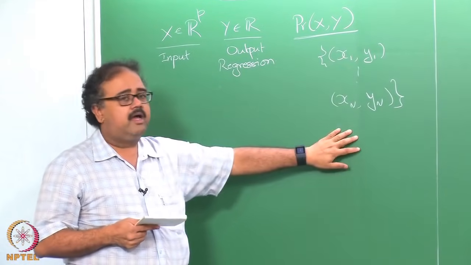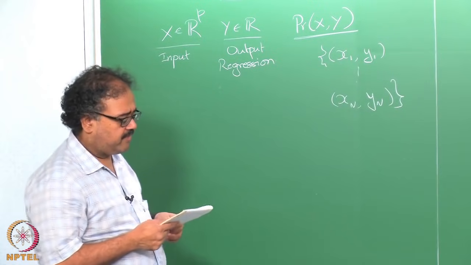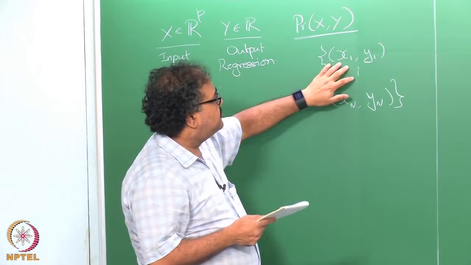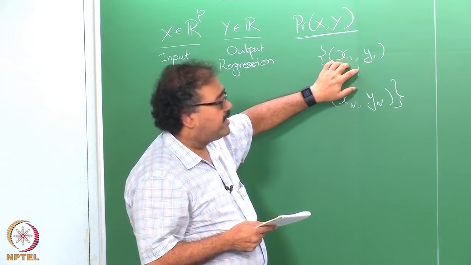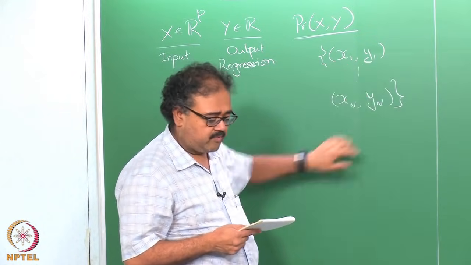So, this will be your training data, which you will use for both training and possibly for validation if required. So, you are going to get an x1 with a corresponding y1, x2 with a corresponding y2, and so on and so forth.